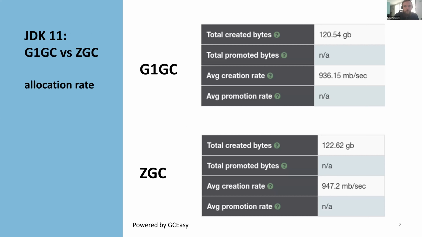Starting from the actual allocation rate in JDK 11 with G1 GC versus ZGC, allocation rates are roughly the same, and that more or less proves that the test does the same in both cases. The allocation rate is roughly 1 gigabyte per second.